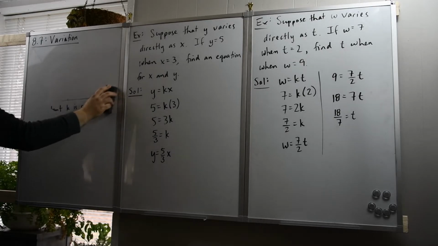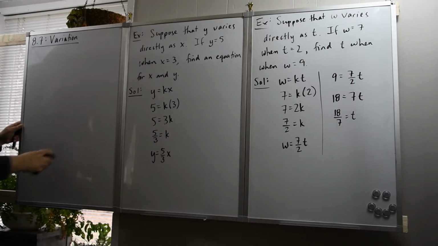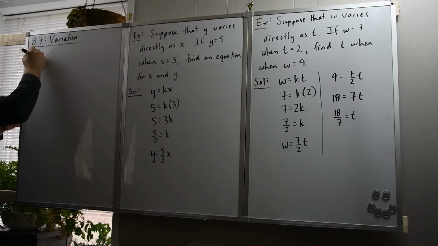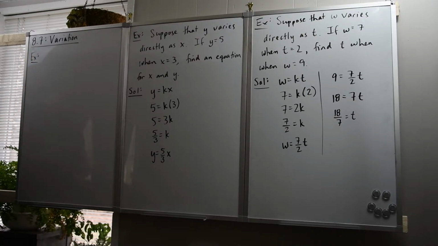Now I'd like to show you one more example in which we take a look at this direct variation. So this particular example is going to essentially relate the bounce height of a tennis ball to the drop height of that same ball.